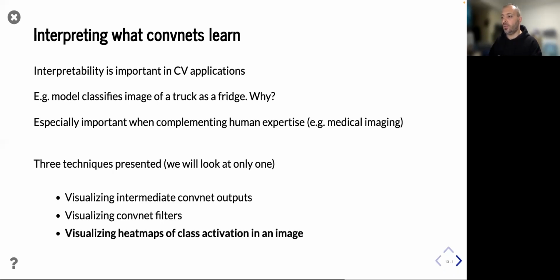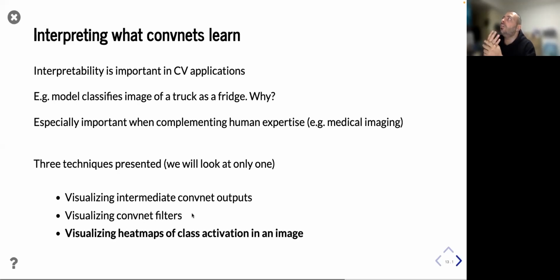And there are different approaches, different techniques in order to do this. Due to time limitation, we will only see the last one. And actually the last one is the one that is mostly used. Well, the others could be helpful for some people, but personally, I don't find them that helpful. One is visualizing the intermediate ConvNet outputs to see what the intermediate outputs are. Another is visualizing the ConvNet filters.